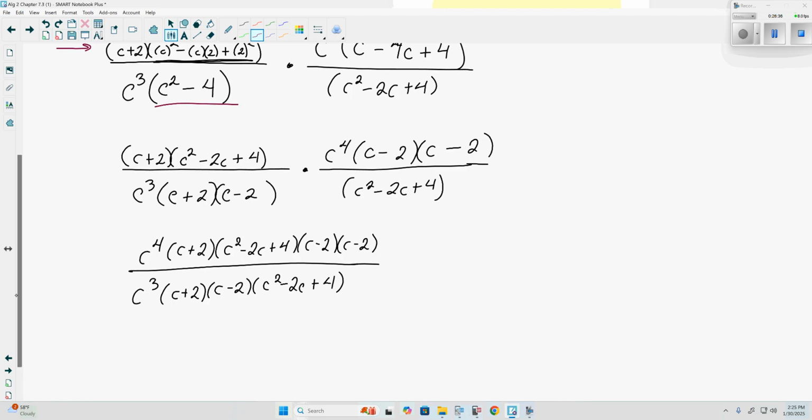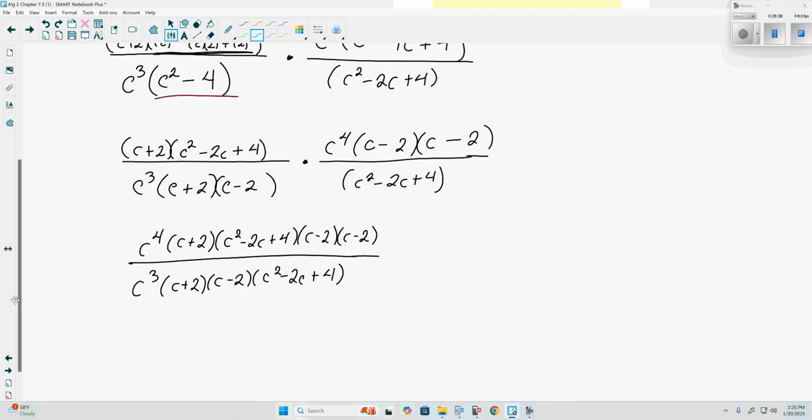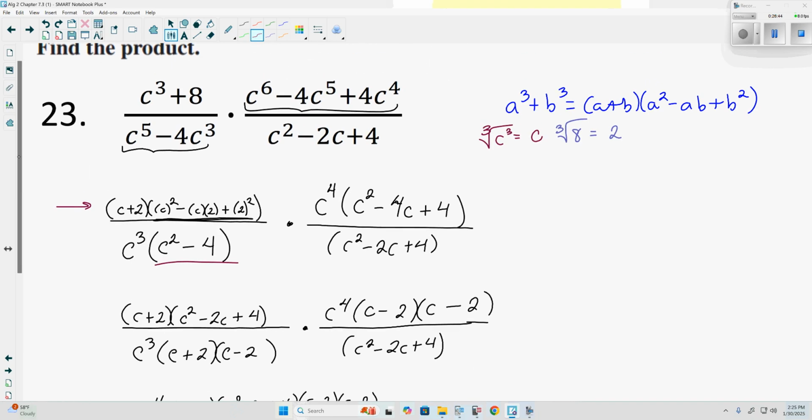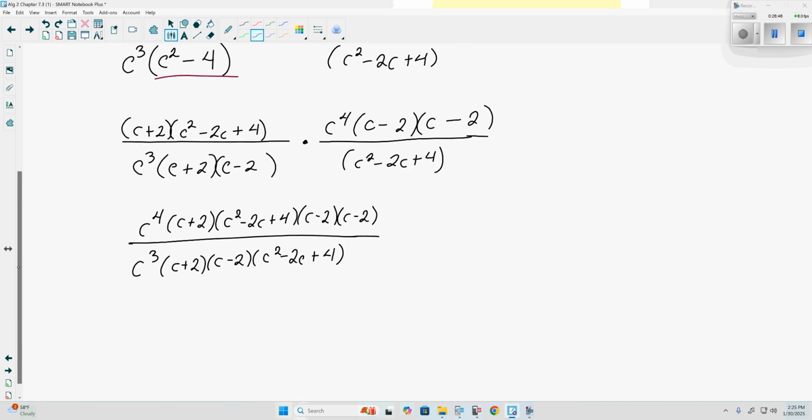C cubed plus 8 is our sum of two cubes. What's in common on top and bottom? C plus 2, c minus 2, and our c squared minus 2c plus 4.